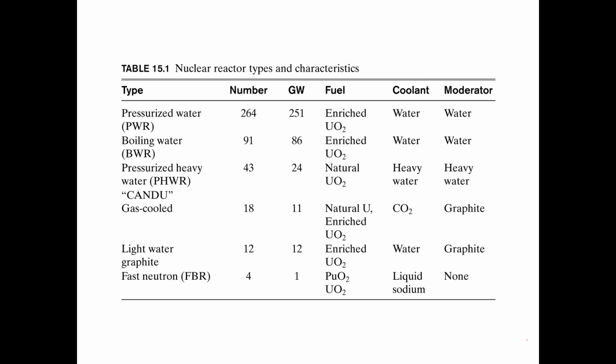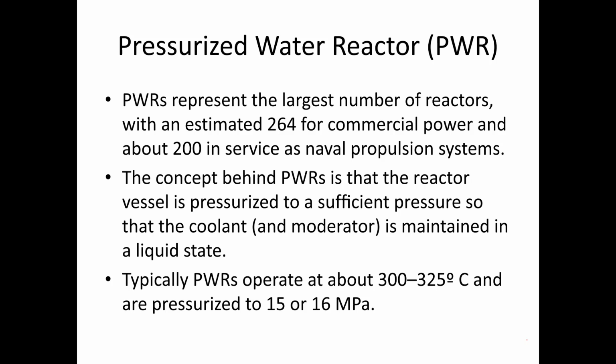They have a fuel of enriched uranium and use water as a coolant and water as a moderator. Again, there are about 264 of these pressurized water reactors for commercial power, with about 200 in service as naval propulsion systems.